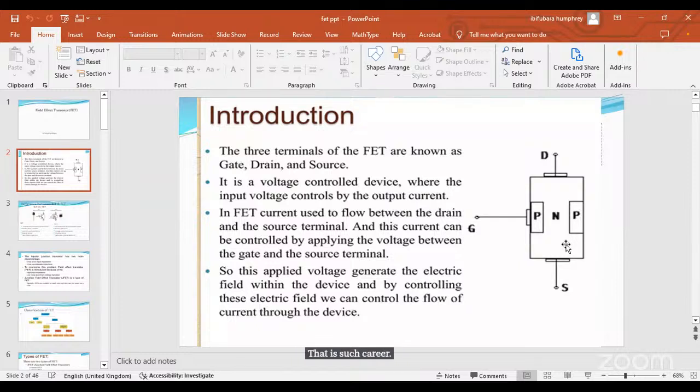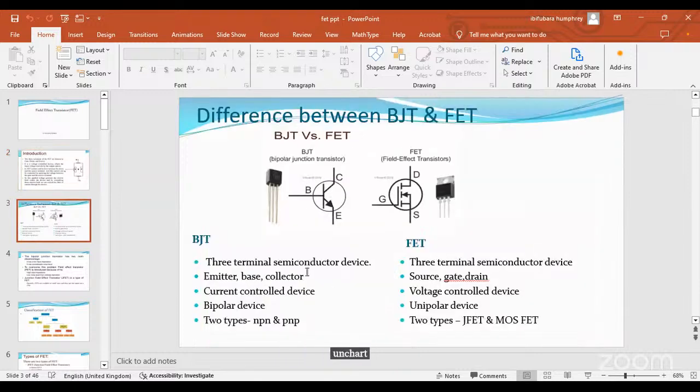But if, as we have it in this diagram, this is N channel, for N channel, only electrons are charge carriers. For P channel, only holes are charge carriers.